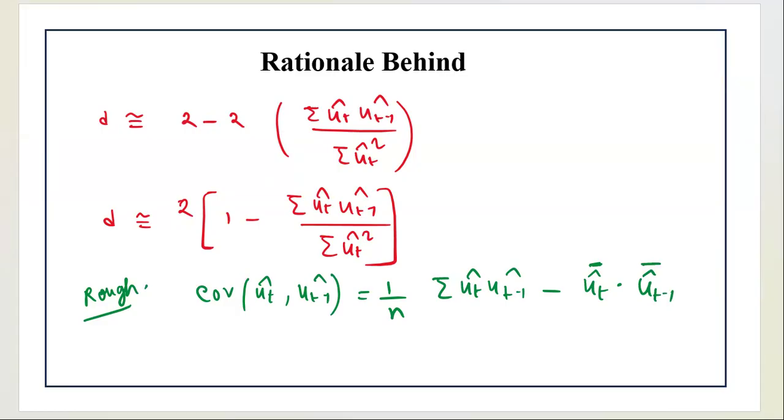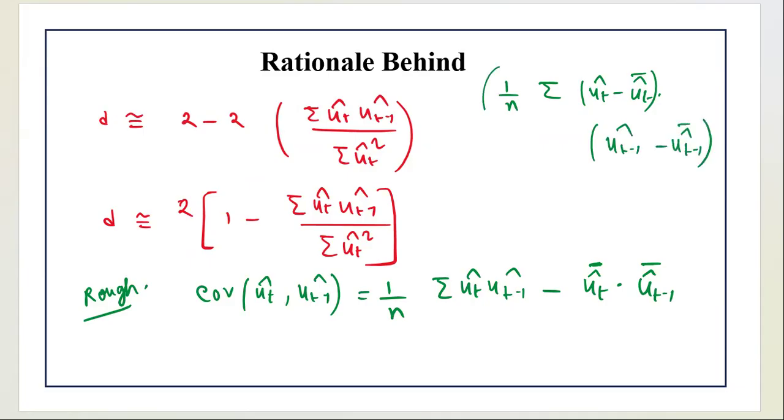This is the formula: summation of ut cap minus ut cap bar into ut minus 1 cap minus ut minus 1 cap bar.